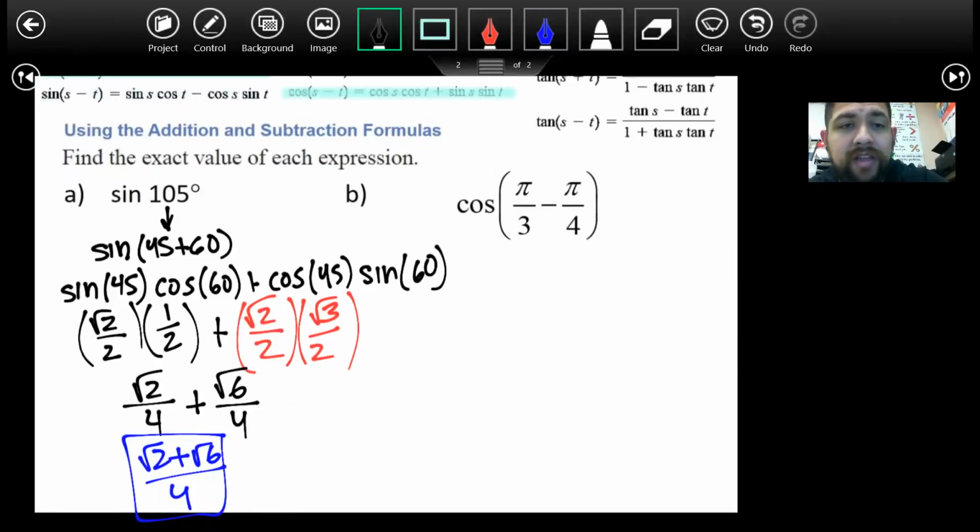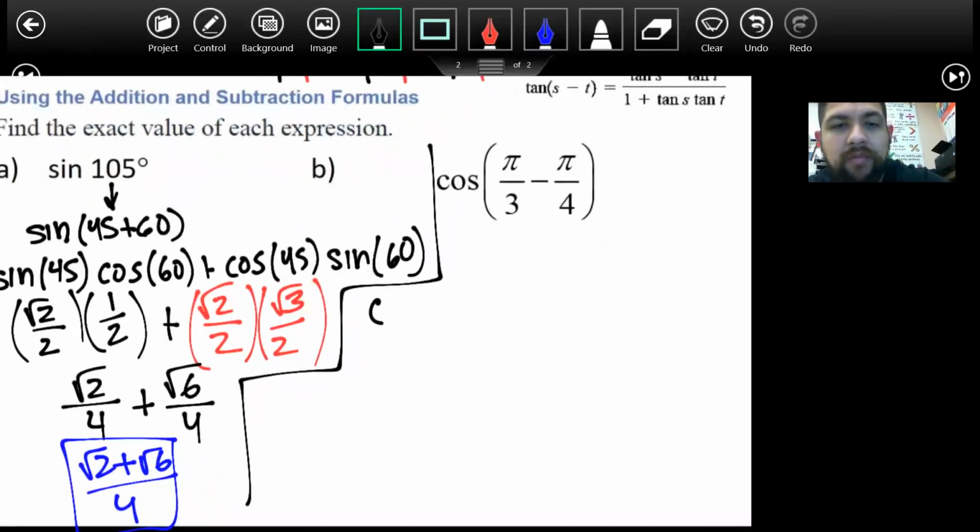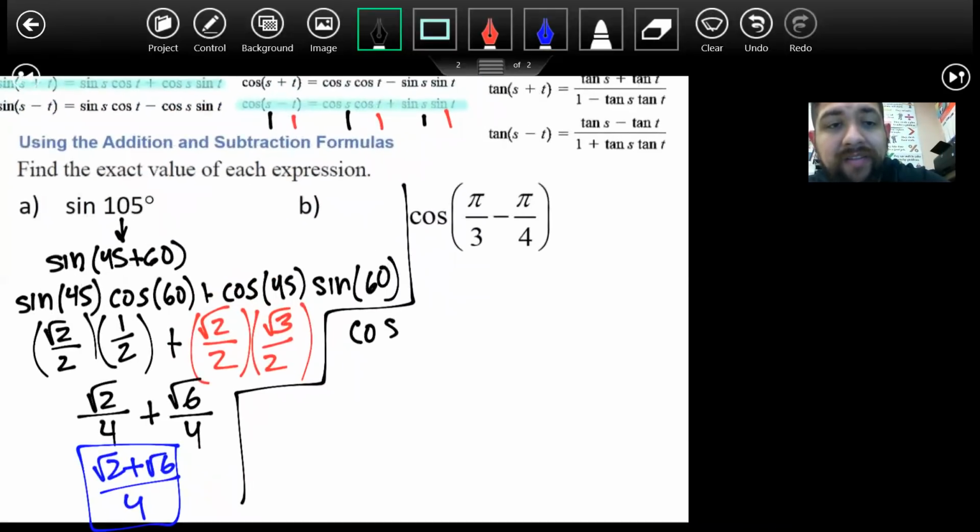Using this formula, we're going to see that our s's match up with our parts here. The cosines are going to match up with our terms here. So in case you need to find that out, there you go. Kind of blocking this out for us, giving some more room. We're going to do cosine. We're finding cosine of pi over 3, cosine of pi over 4.